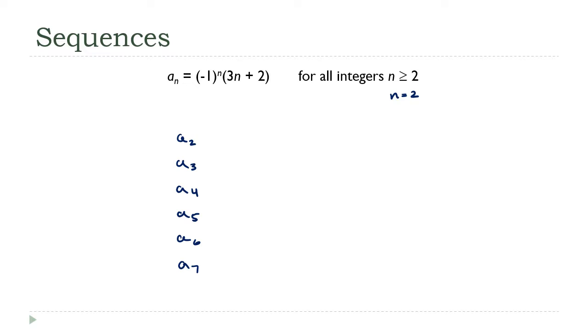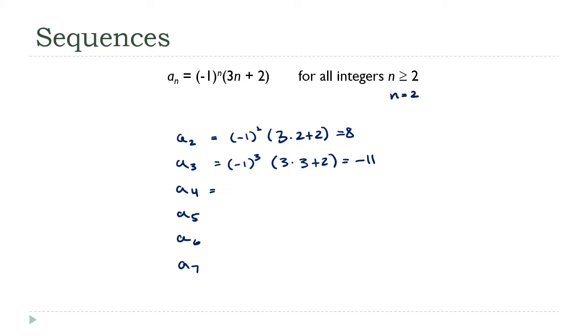So to find the specific values, we'll substitute the indices, the 2, 3, 4, 5, 6, and 7, into the formula. And so that's going to give us, for example, for this first one, 8. For the second one, I'm putting 3 in here for the n, and that's negative 11.